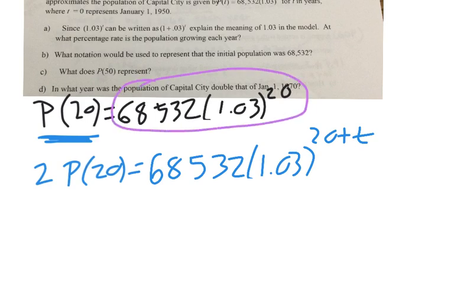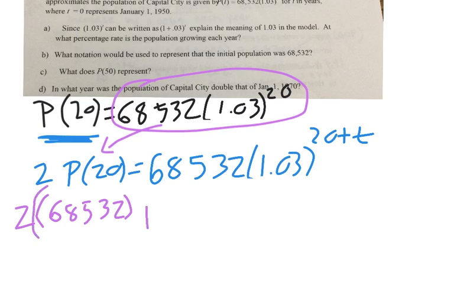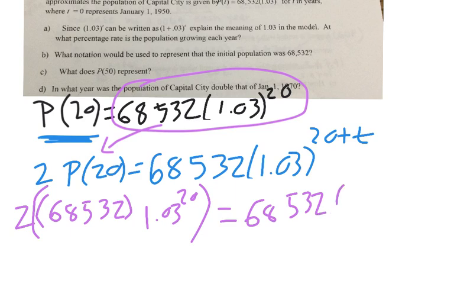So I could plug that in for P of 20. Now I've got 2 times 68,532 times 1.03 to the 20th equals 68,532 times... I think this is actually different than the way I worked it last time, but maybe I can still get there.